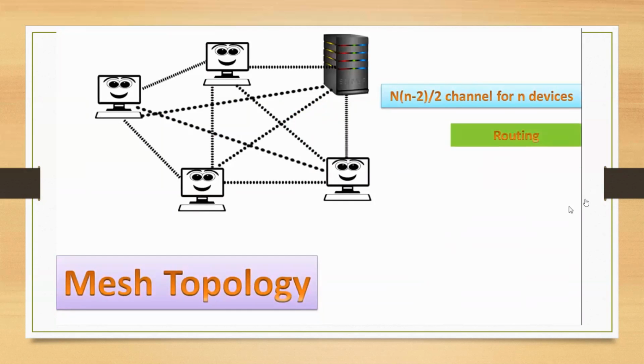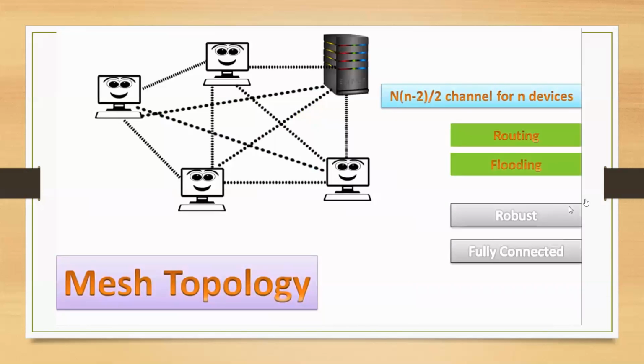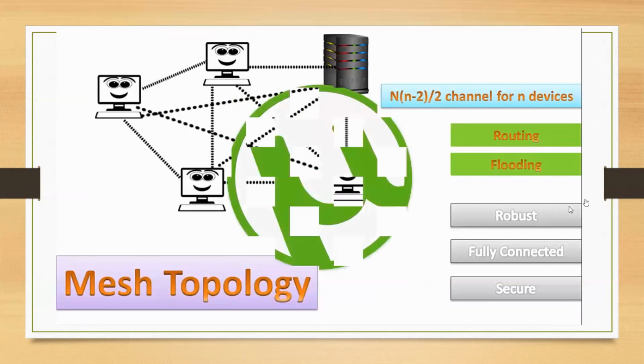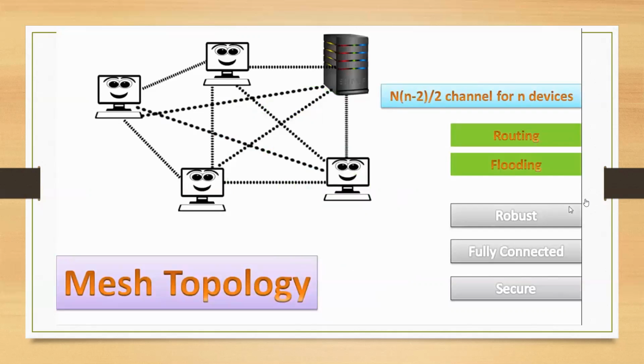In routing, the computers or hubs already have an algorithm which finds the best and shortest way to send data. And another is flooding. In flooding, the data is flooded to all the nodes. Now this topology is robust, it is fully connected, and it's secure. And the best example of this topology is P2P connections like uTorrent, BitTorrent, etc.